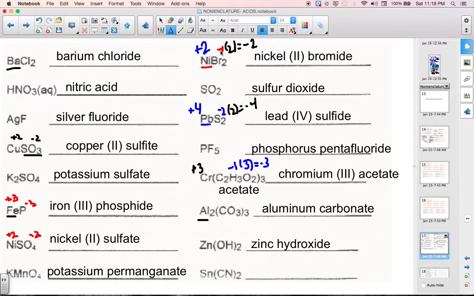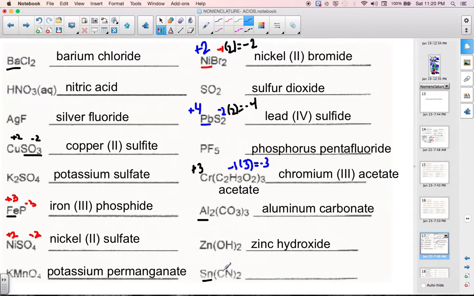Okay, last one of these, Sn. If I look at the back of the periodic table, Sn is tin, and tin has 2 possible oxidation states, so I have to do the calculations again. I do the calculations by first looking at the non-metal, the oxyanion, or the polyatomic anion.